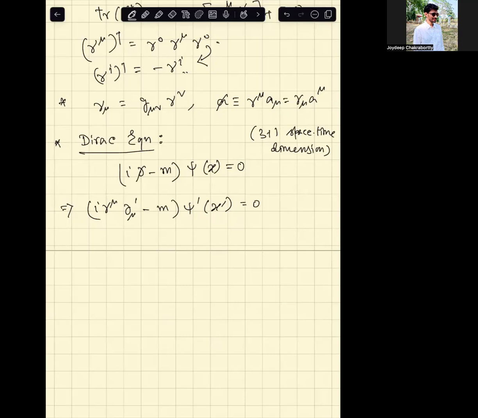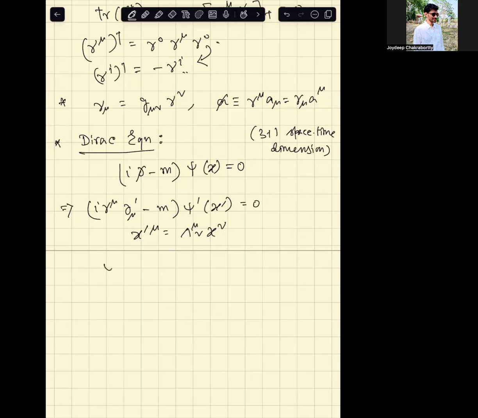So now this is basically equal to 0. This is the Lorentz transform of this thing, and then how are these related? x prime mu is lambda mu nu x nu. Lambda mu nu are basically my Lorentz transformation information dumped there.